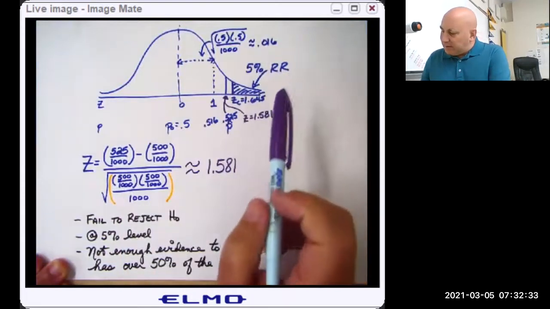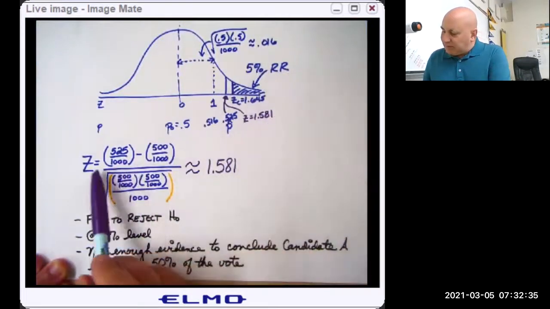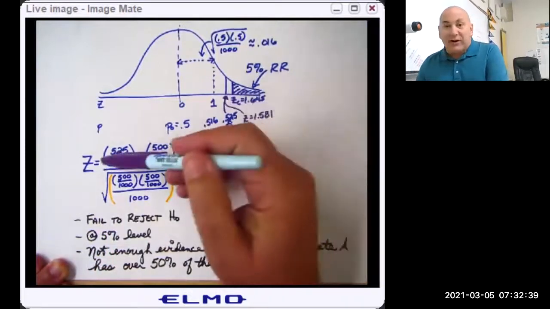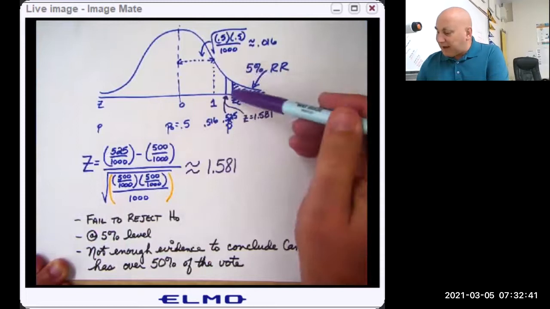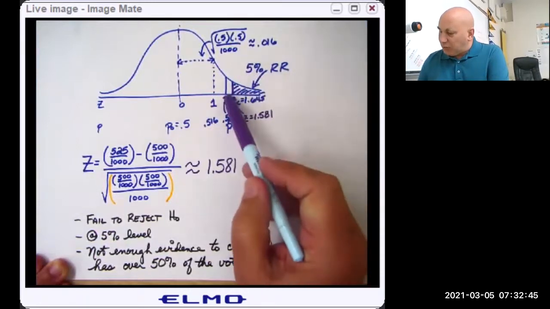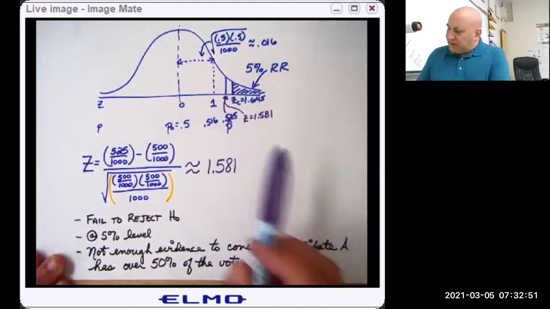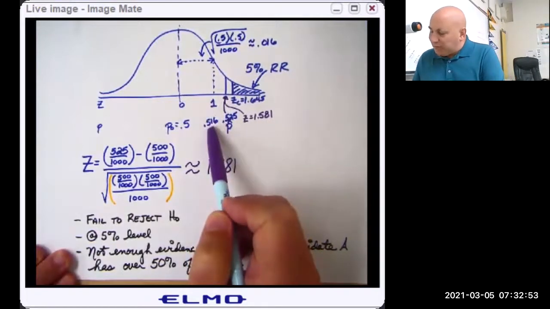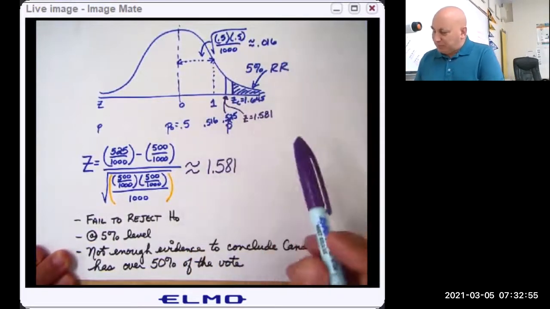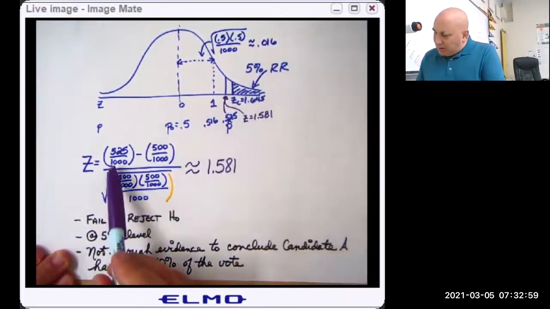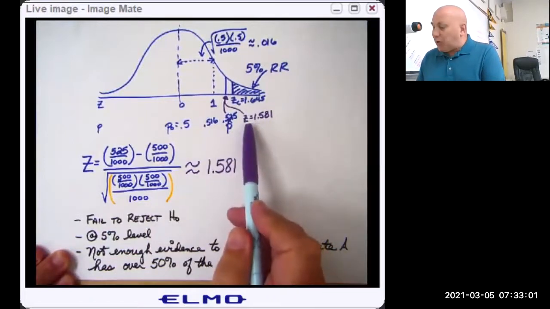But what we got for a p hat was 0.525, which is right here, and that's past 0.516.